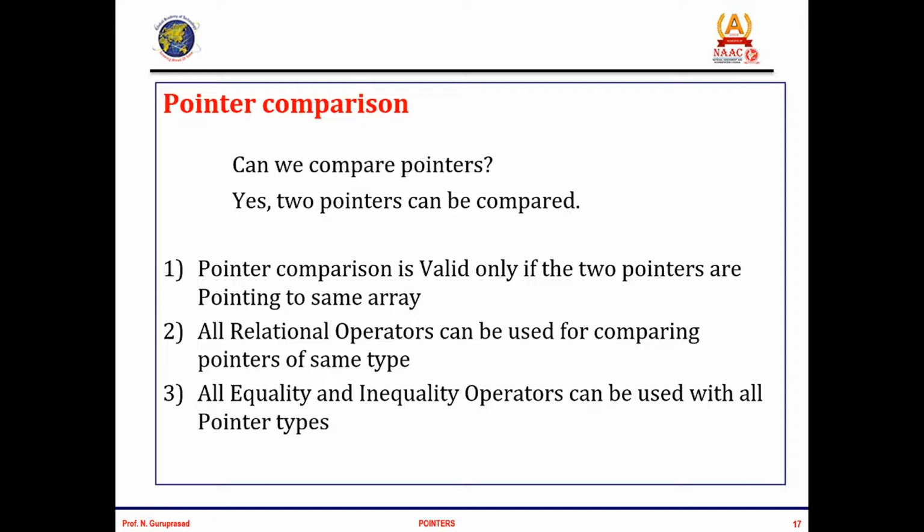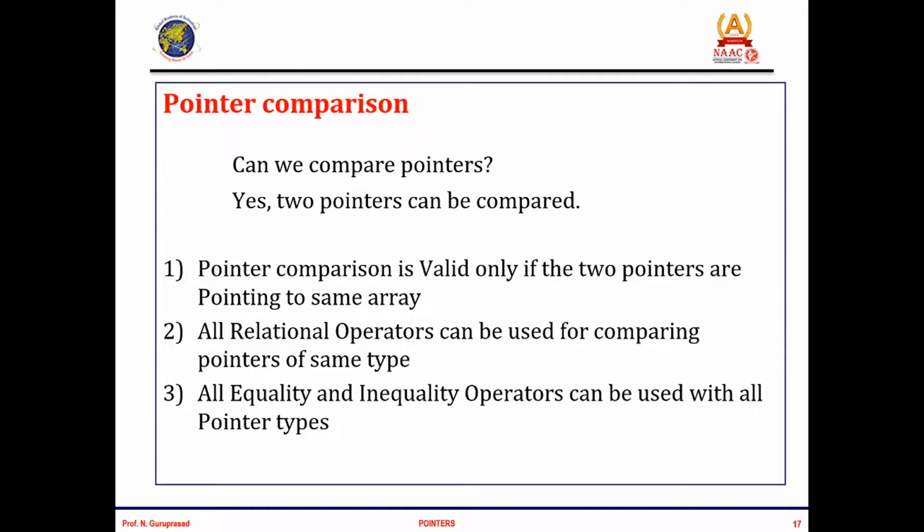To test which pointer is at the higher address, we can compare them and take a decision depending upon the result. The bottom line is, pointer comparison is valid only if the 2 pointers are pointing to the same array. That is extremely important. All relational operators can be used for comparing pointers of the same type, and all equality and inequality operators can be used with all pointer types.